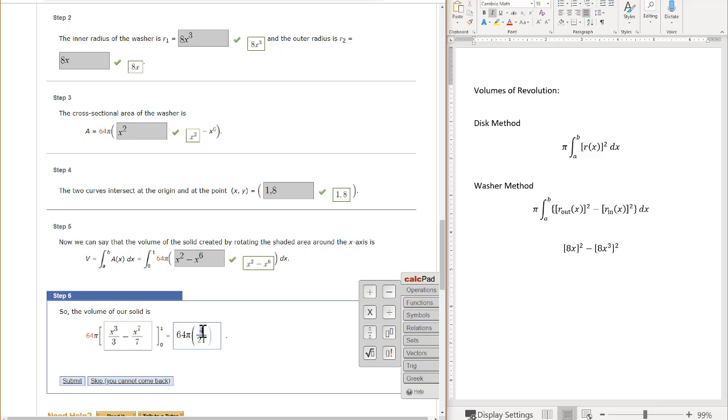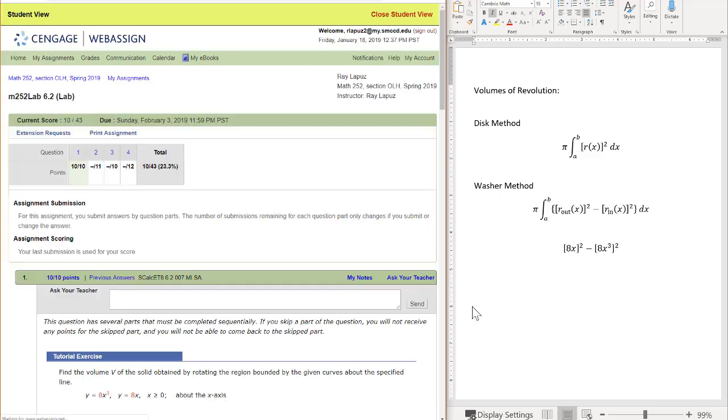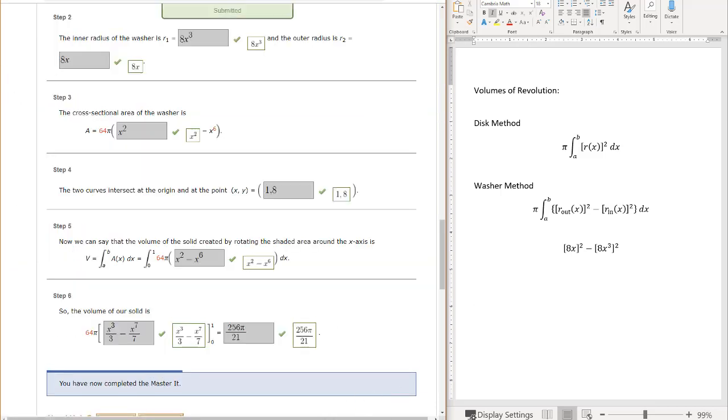So we'll call it 256 pi over 21. Oops, we lost it. Let's write it out. 256 pi over 21. All right, so that's it. Hope that helps.